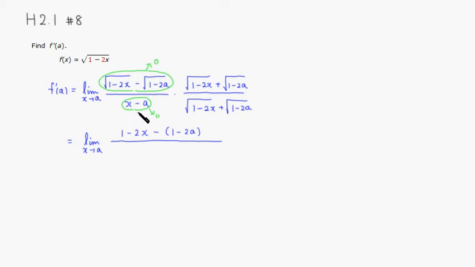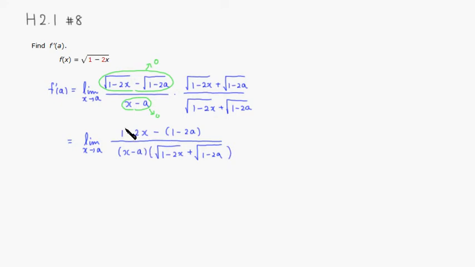On the bottom, you can't really simplify too much, so you just write quantity x minus a, multiplied by the square root of 1 minus 2x plus the square root of 1 minus 2a. Then try to cancel as much as possible.